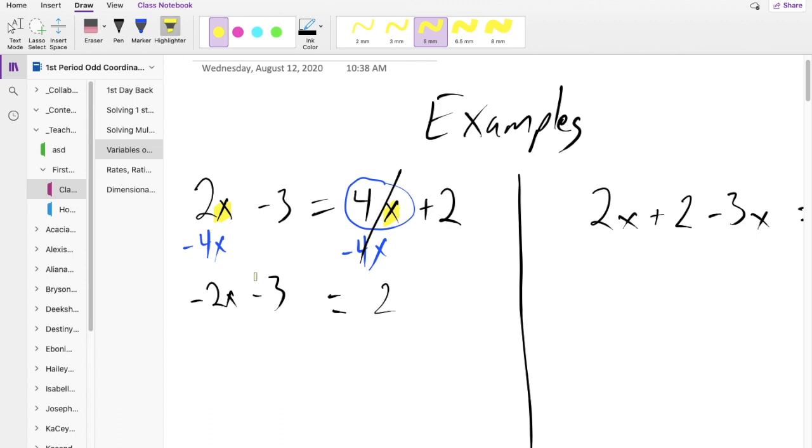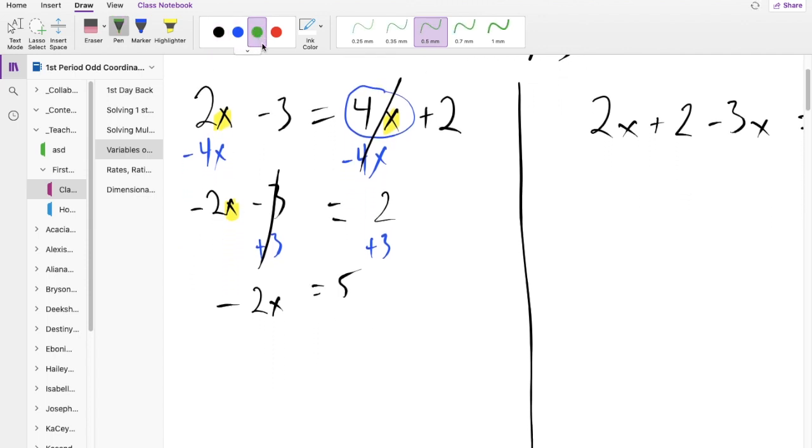I have something being added or subtracted, and I have something being multiplied. So the first thing I do is any addition or subtraction. I'm going to start by adding 3 on both sides. That gives me a negative 2x on the left still, and a positive 5 on the right.